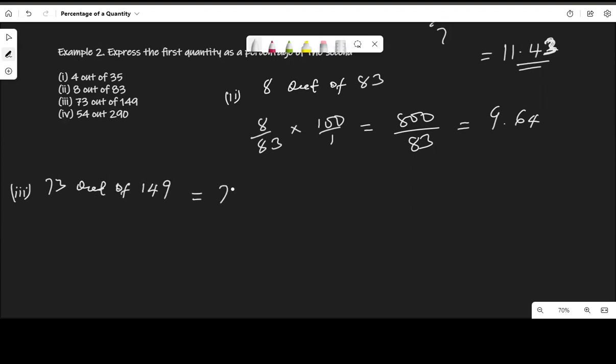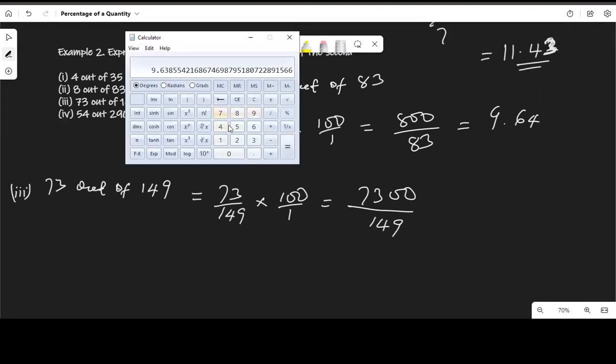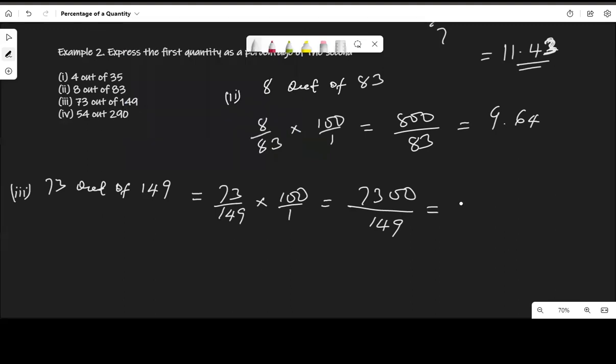That will be 73 over 149 times 100 over 1, which is 73 times 100 is 7300 divided by 149. That is 48.99.